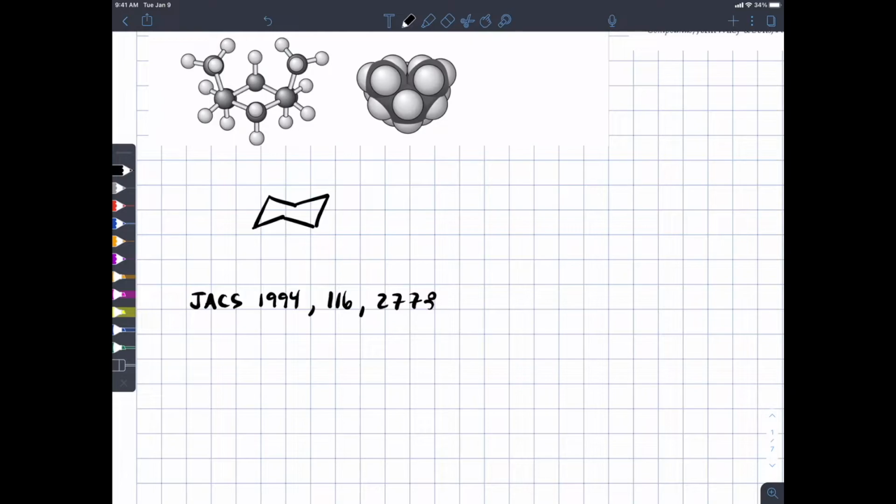He was interested in the strength of hydrogen bonds, and so he took this substituted cyclohexane. The two OH groups are trans, and he measured the equilibrium constant, or the change in free energy, as you go from a conformation where the isopropyl is equatorial to where it is axial.